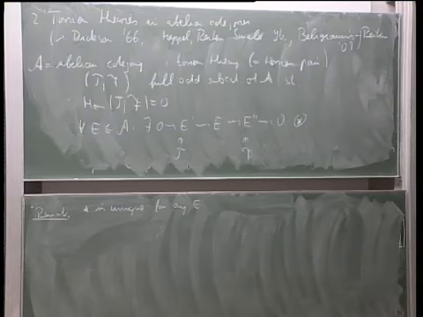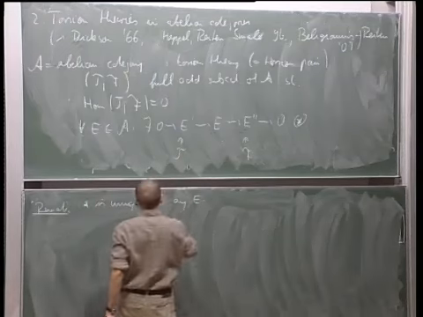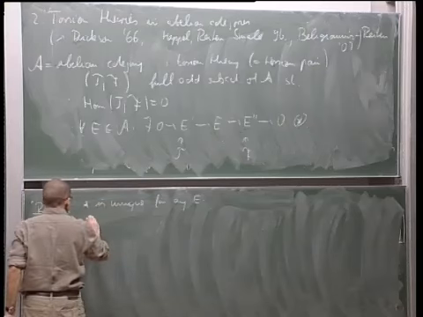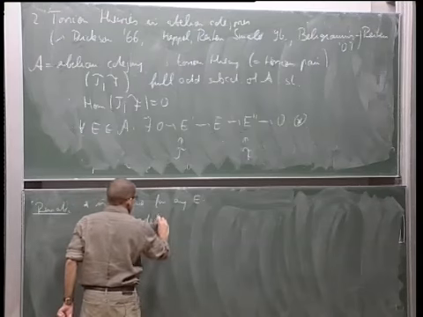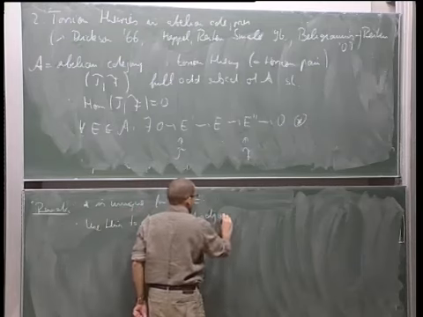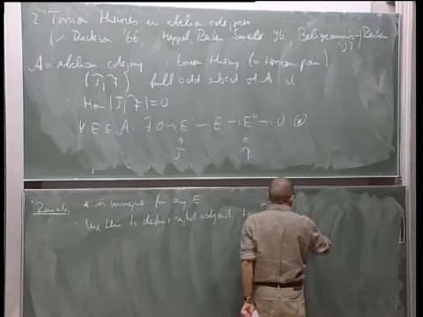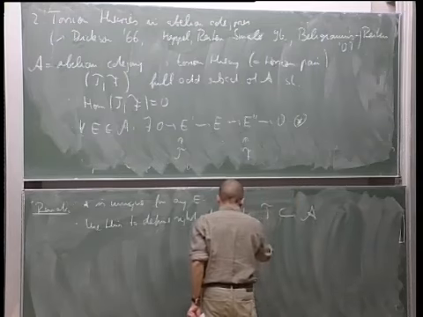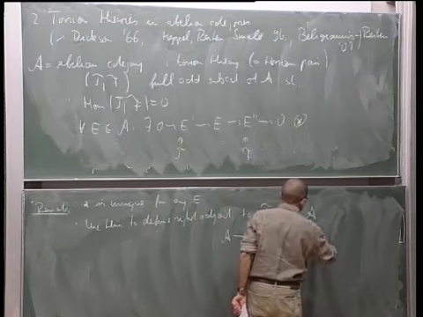The second remark is you can actually use this uniqueness of the short exact sequence to define a right adjoint functor to the inclusion of T in A. That would be a functor from A to T that maps E to this E prime.